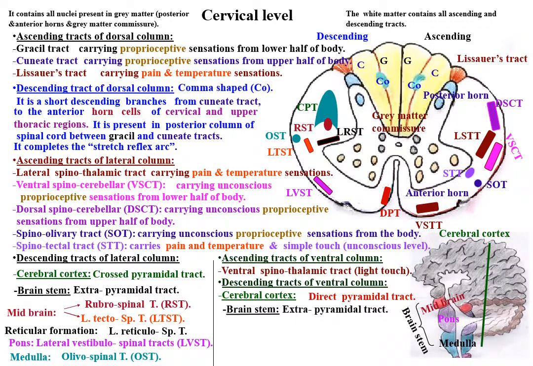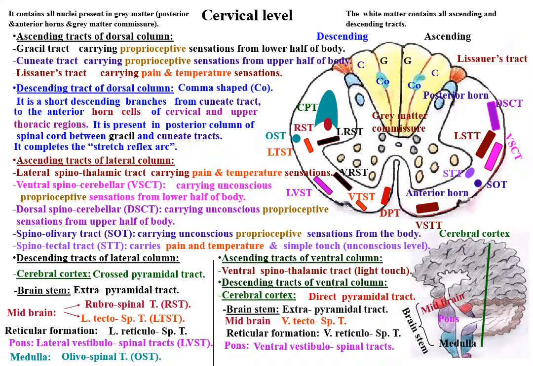From the midbrain, ventral tectospinal tract. From the reticular formation of the whole brain stem, ventral reticulospinal tract. From the pons, ventral vestibulospinal tract. Then sulcomarginal tract, which is an associative tract.